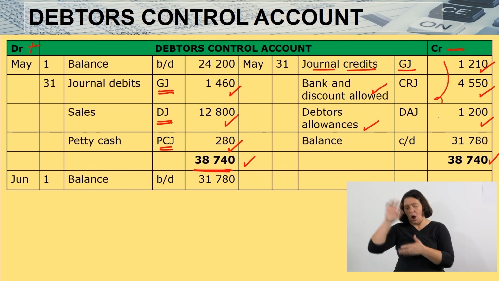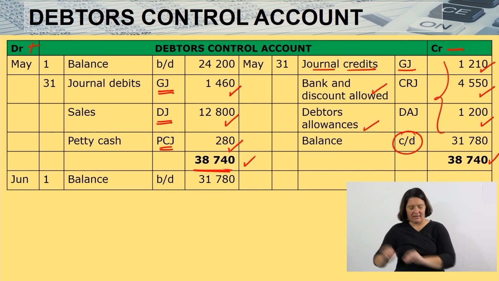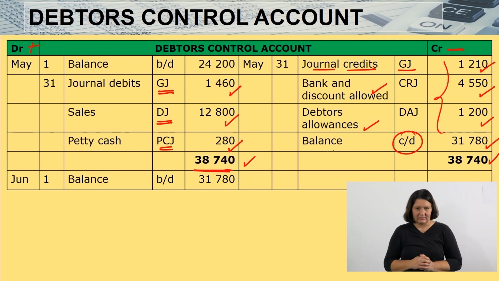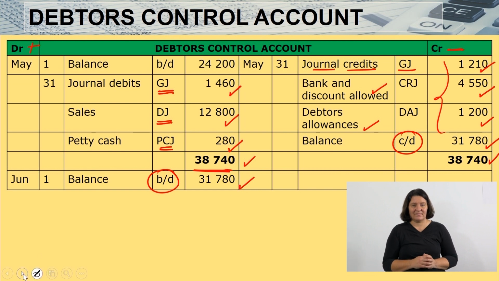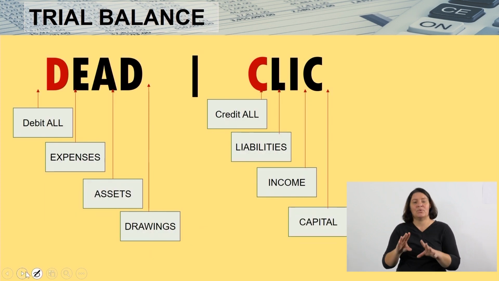Then you get the difference between that and these particular amounts, and you find you have a balance carried down of 31,780. And then eventually, you have a balance brought down, 31,780. When you have now got your balance, you can then post it to the trial balance.